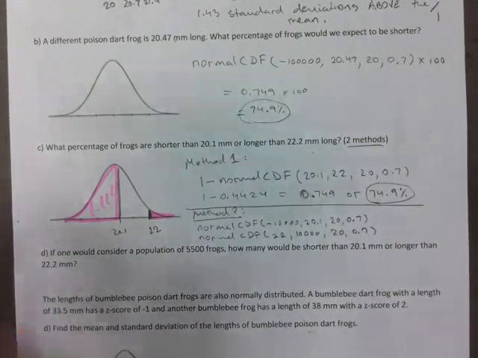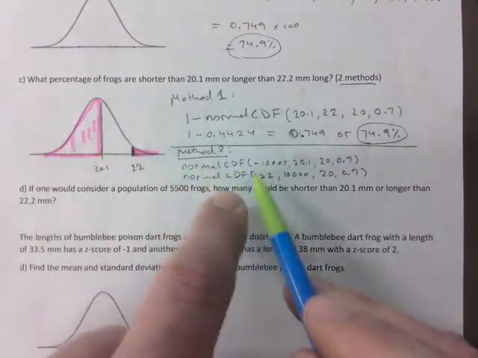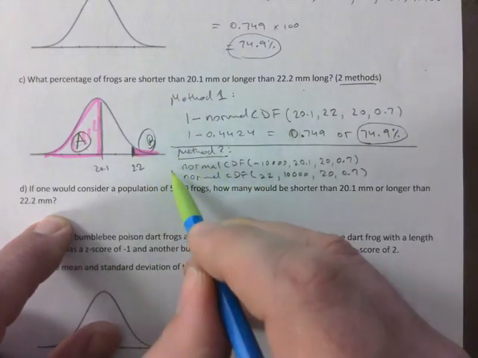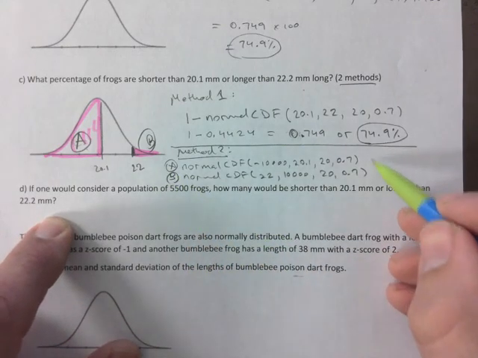You figure out this end and this. So this would be A and this would be B. So you're figuring out A and B separately, and then you're going to add them up.